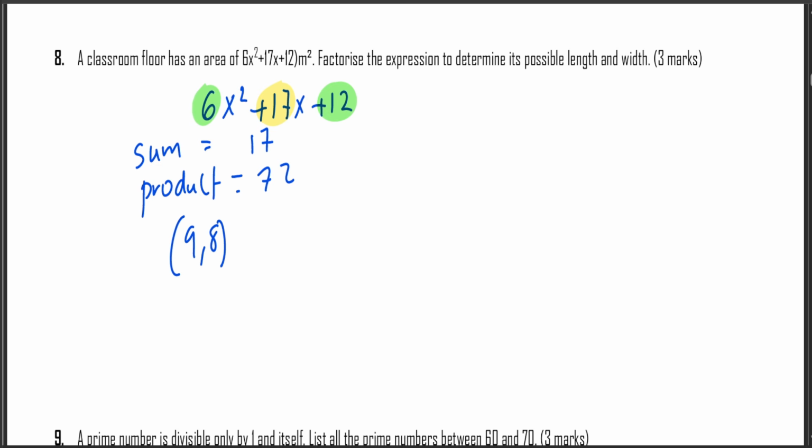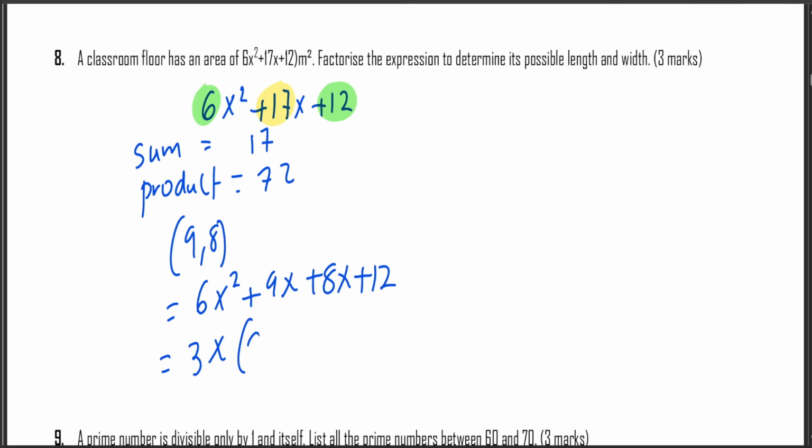So that means that you'll write it this way. That 17x, you'll divide it into 9x and 8x, plus 12. Now, the next step is you factorize. Factorize this, factorize this. Now, the common factor in the first group is 3x.